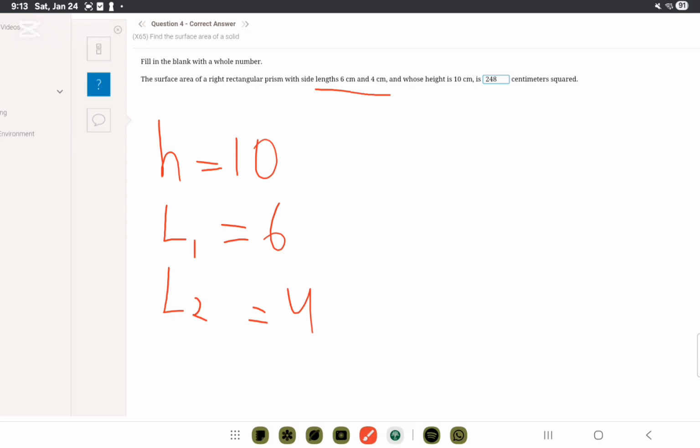So now the formula is going to be 2 times length 1 times height plus length 2 times length 1 plus length 2 times height.